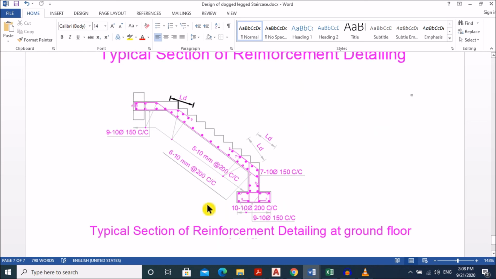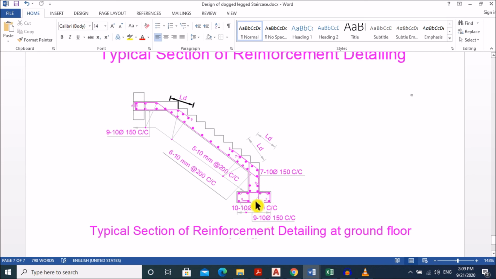The other one is for the ground floor, where a pedestal has been provided, because if we do not provide any type of pedestal or rigid support, this staircase may settle down. So in order to avoid this settlement, we have used a pedestal. But if it is connected with the tie beam in the ground floor, we don't need any pedestal.